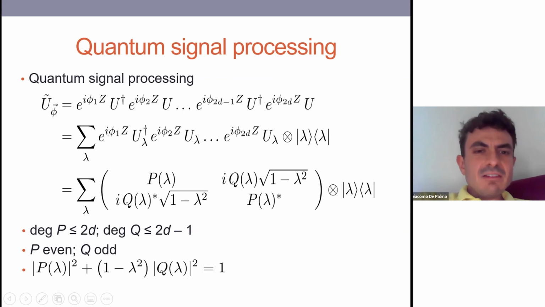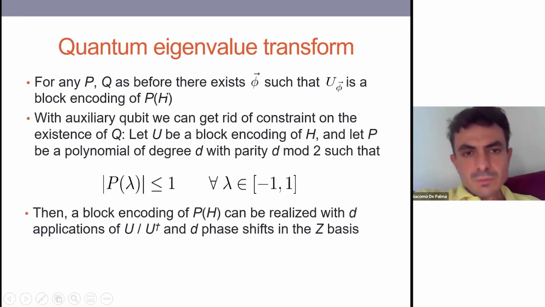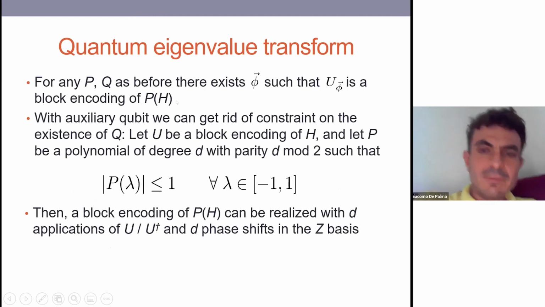And in particular, this U tilde will be a block encoding of P of H, where P is the even polynomial.